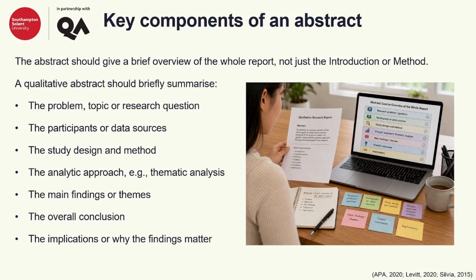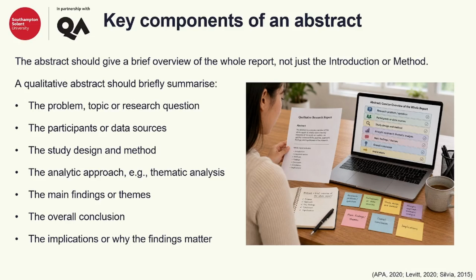We can therefore think of the abstract as moving through a clear sequence: the research problem, the participant data, the method, the analysis, the findings, the conclusion, and the implications. Each component should connect logically to the next so that the abstract reads as a coherent summary rather than a disconnected list.